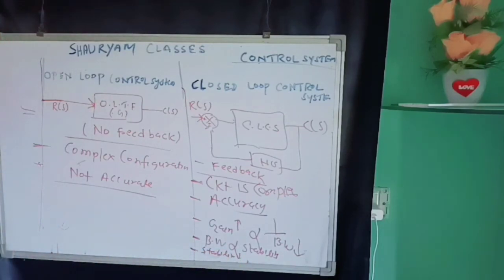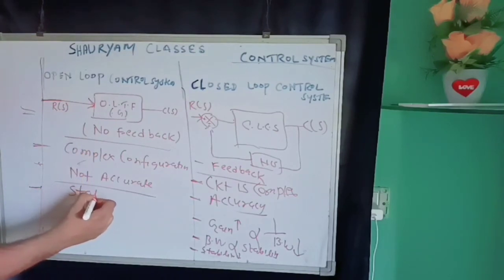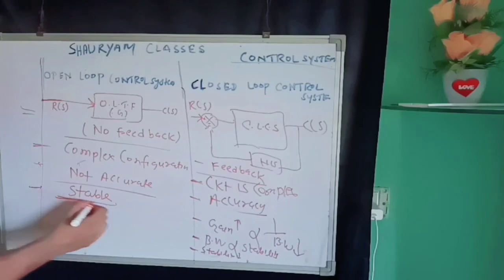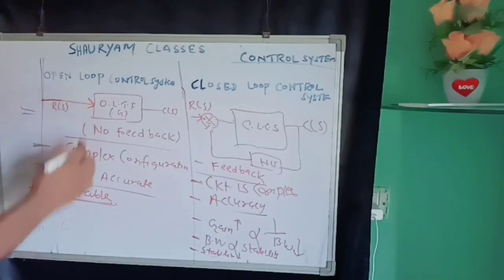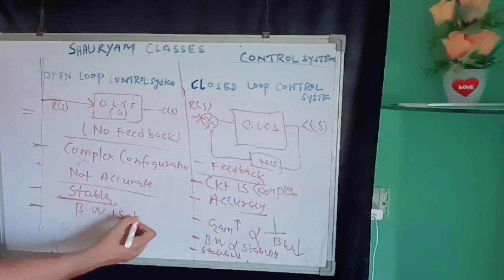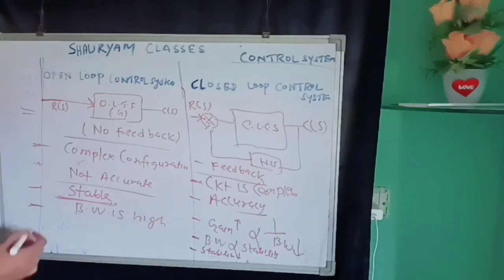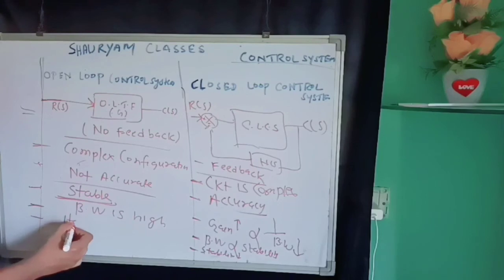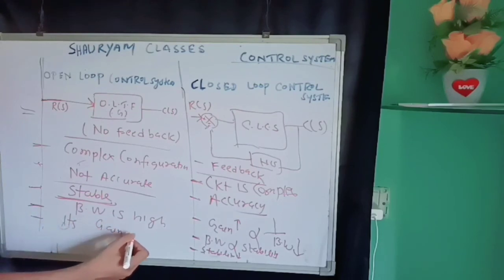So if anyone asks you which system is more stable, then in that case the open loop control system is the more stable system, because its bandwidth is high, but its gain is low.